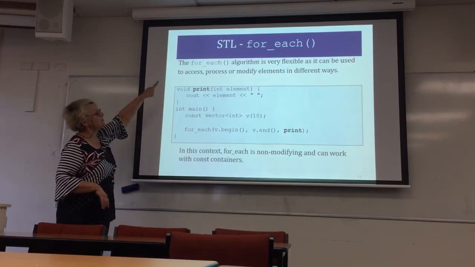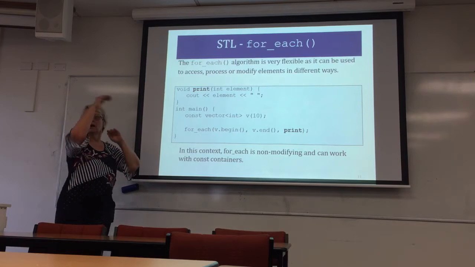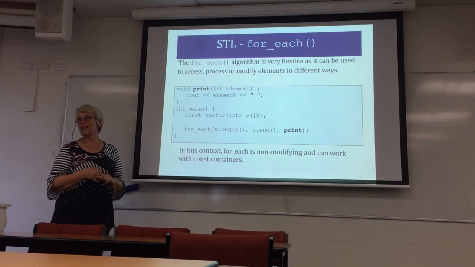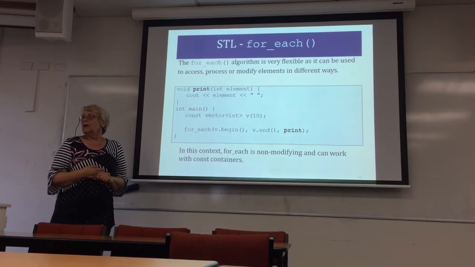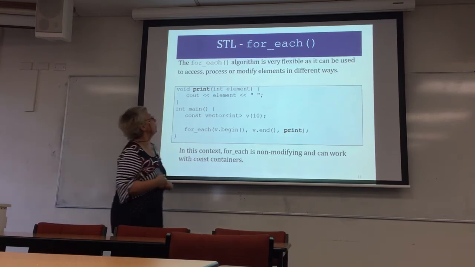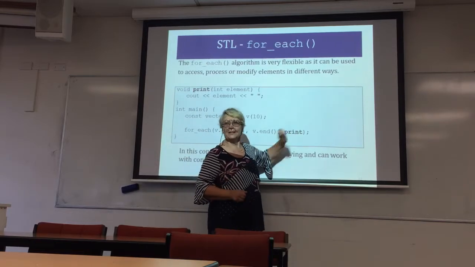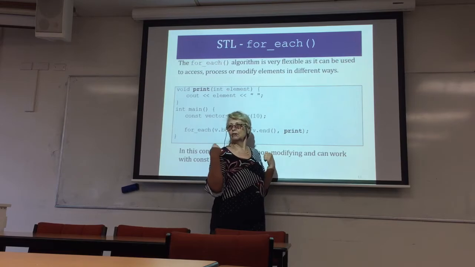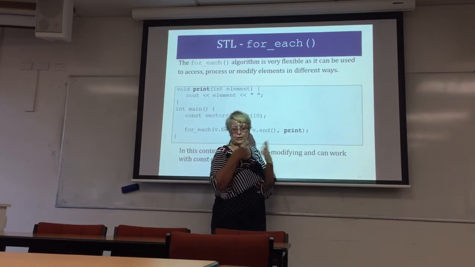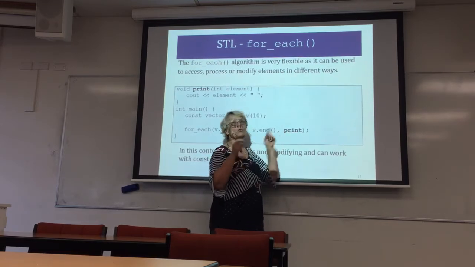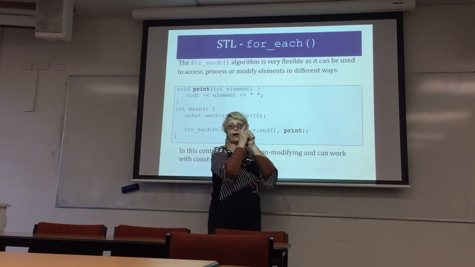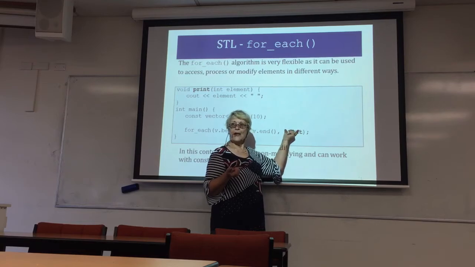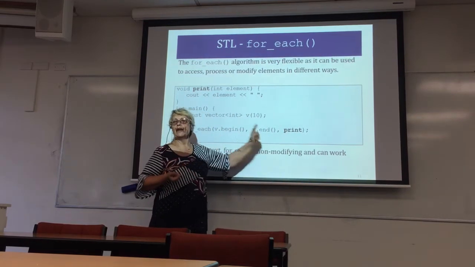Now, this for each is on top of for ranges, because you can provide a third argument, which is normally a function returning one value or returning no value, taking one argument. Take a single argument, and this function is applied to each element in the range.